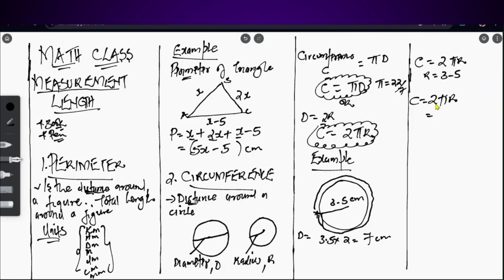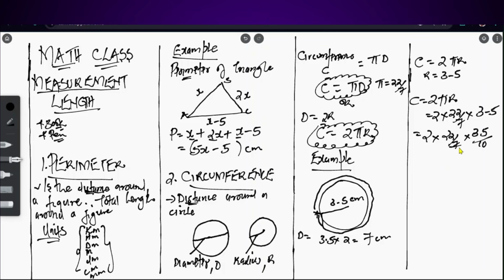I substitute these values. 2 here, I write down. Pi, I write it as 22 all over 7, because pi is a constant value I've been given, 22 all over 7. Then I multiply by radius, which is 3.5. This is the same as 2 multiplied by 22 all over 7, multiplied by 3.5, which I can change from decimal into fraction, 35 all over 10.